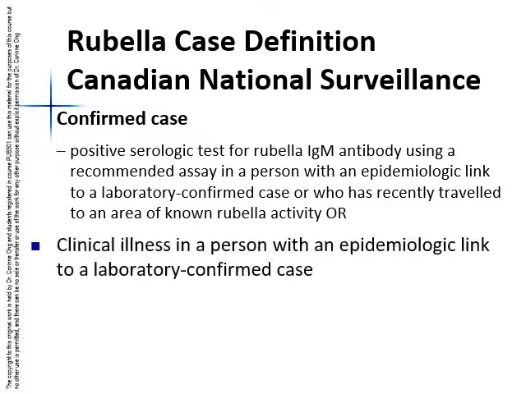Alternatively, a positive serologic test for rubella IgM antibody in a person who is either epidemiologically linked to a laboratory-confirmed case or has recently traveled to an area of known rubella activity is also a criterion. Another criterion that may be used as an alternative to laboratory testing is the presence of clinical illness in a person who is epidemiologically linked to a lab-confirmed case.